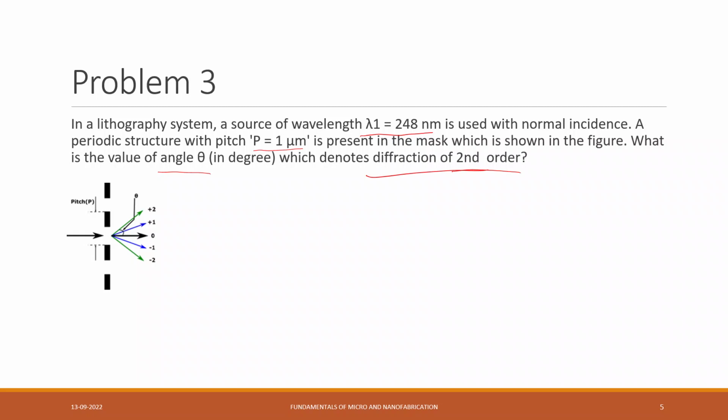This is a lithography system with periodic structures, and you have to tell at what angle the diffraction of second order will be visible. This theta.